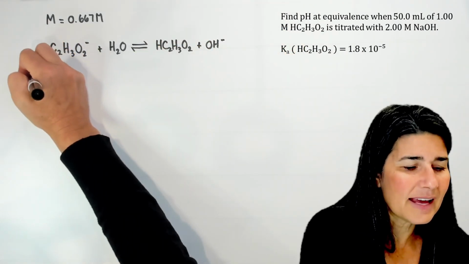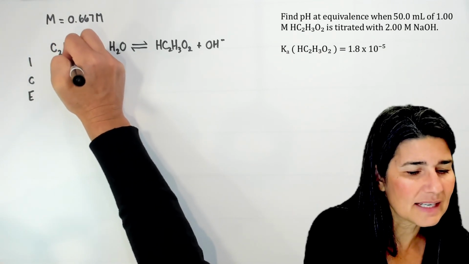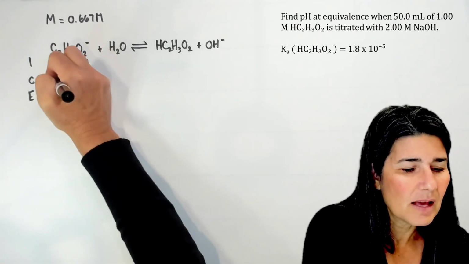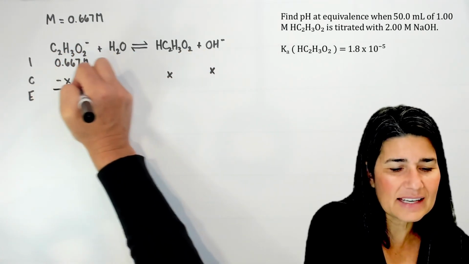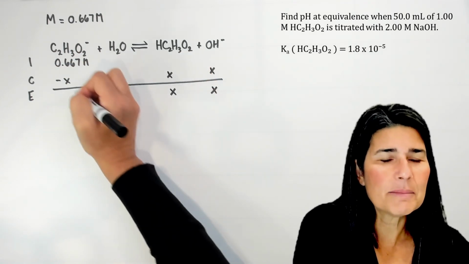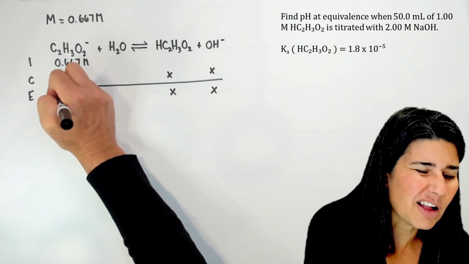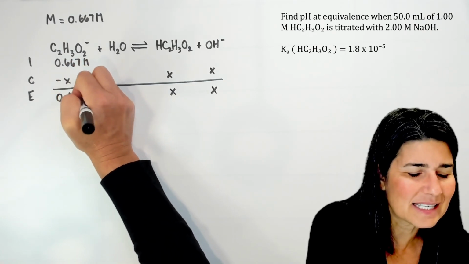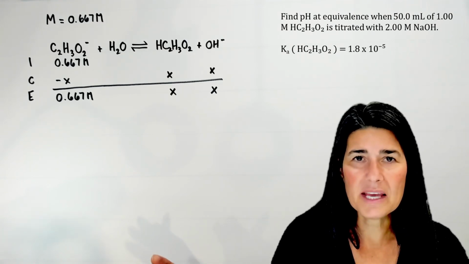In the ice table itself, the initial value here is 0.667 molar. I'm going to take away x, add x, at equilibrium we'll have x, and I'm going to rule of 100 this x away and call it basically 0.667 molar.